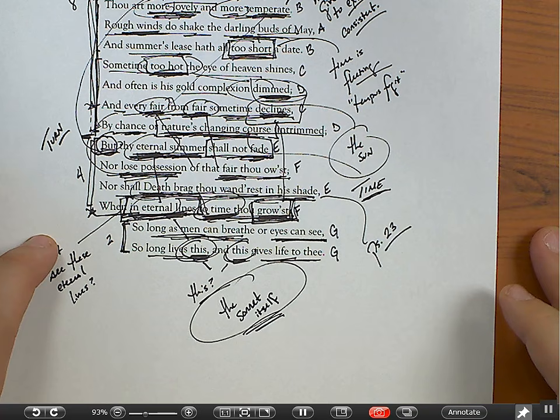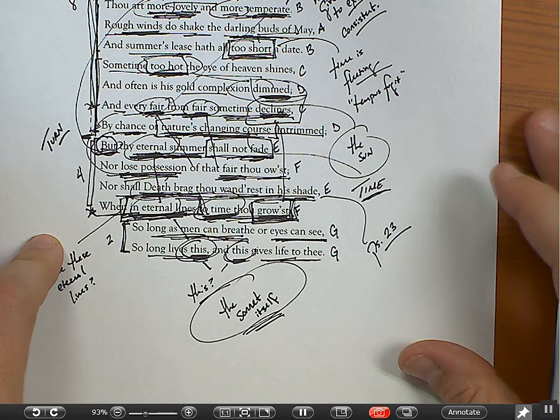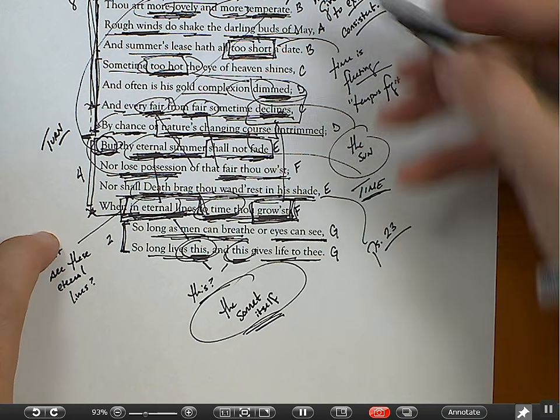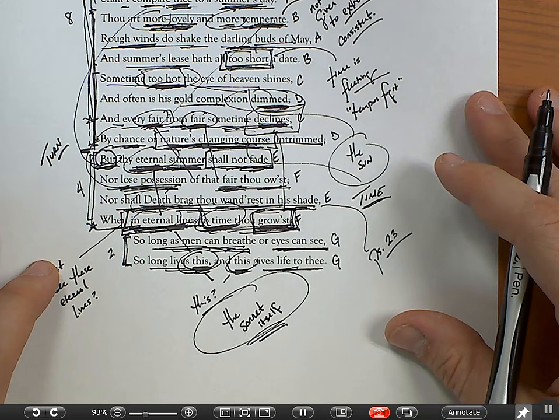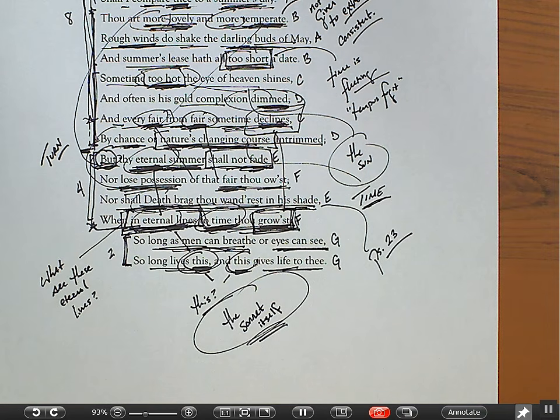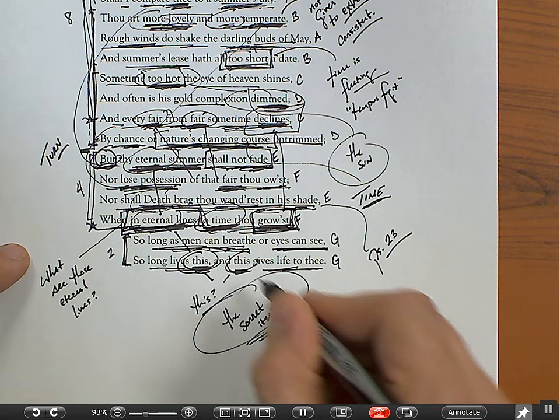Because here we are, 400 plus years later, reading Sonnet 18 by William Shakespeare, and what are we doing? We are collectively considering, contemplating, pondering the loveliness and the temperance and the beauty of this beloved, this person. That their beauty continues to live, continues to flourish.